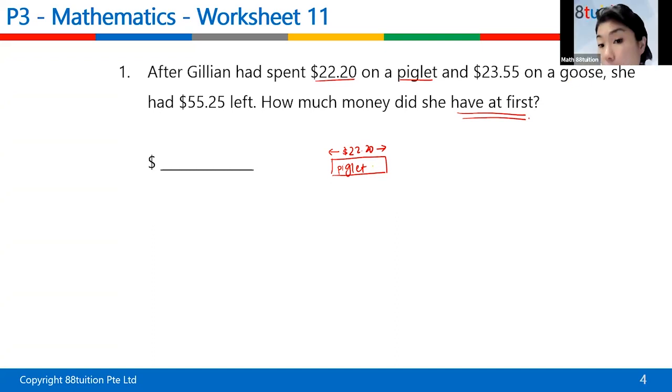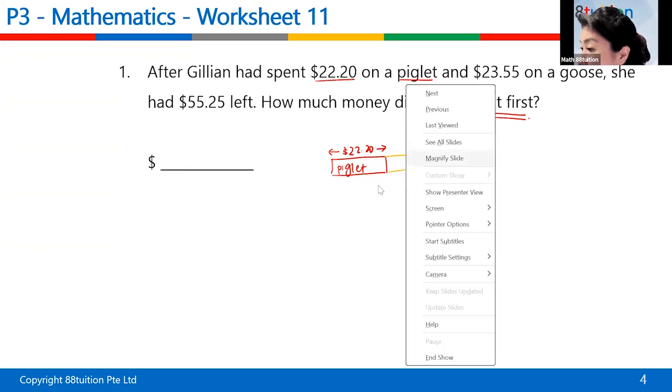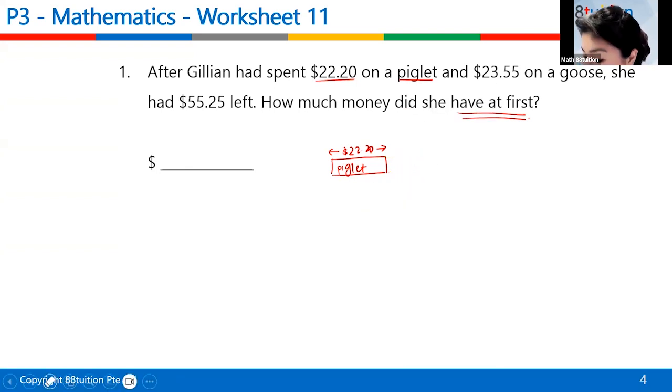So I'm going to draw the goose into the model, right? Should I draw it like that, or should I draw it here? A or B? This is A, this is B. Which way? B. Good. Very good. So this is not a comparison model, so I just need to draw one long model for everything. So the goose, I'm going to erase it because it's slightly longer than the piglet. And same thing, I'm going to put the amount of money she spent.